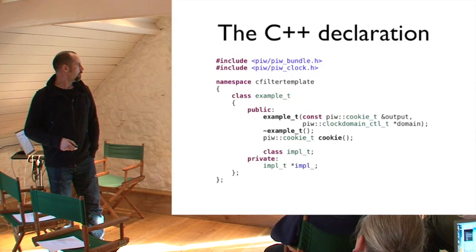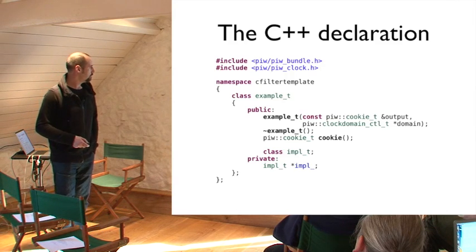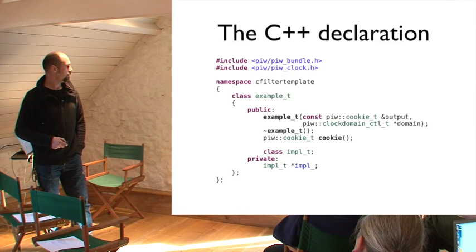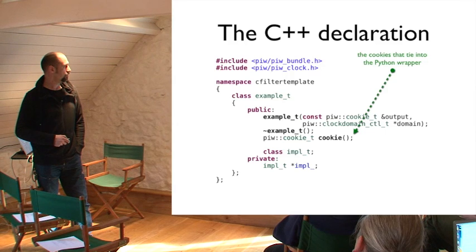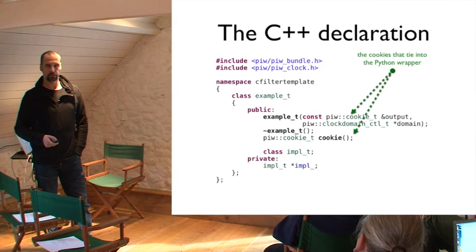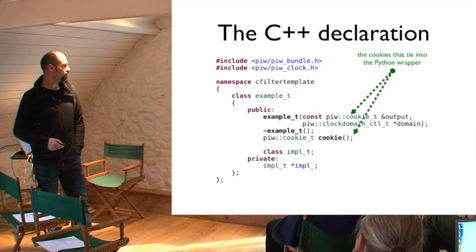So this is the example of the C++ declaration that you will find in the C-filter template, which is very basic again. What you have here is that cookie that is being provided by the implementation, so it can be passed on, and it will also receive this cookie so that it is able to send data out to the output.